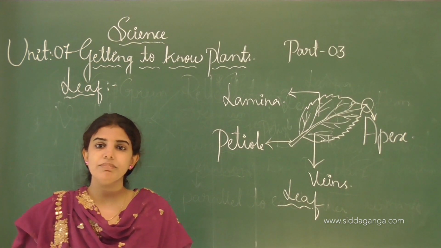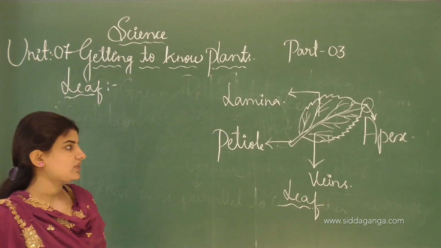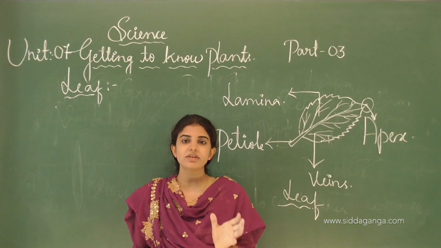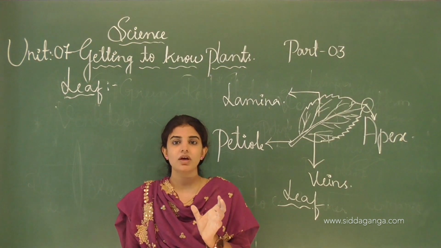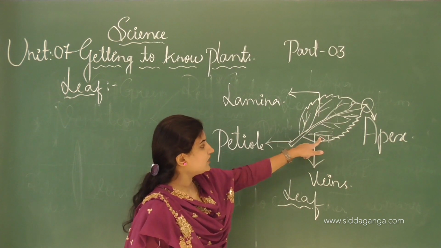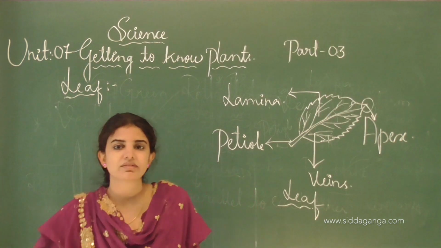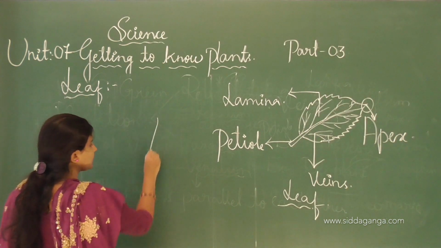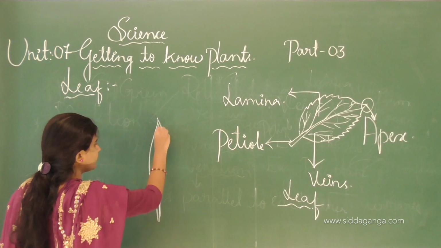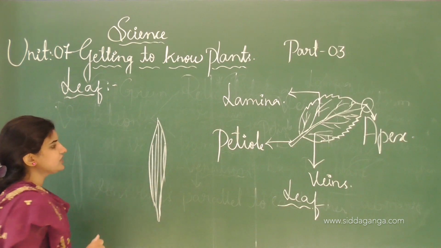Grass is one of the examples of a parallel venation, and the hibiscus plant is an example for the reticulate venation, where you can see the network of veins running across the leaf. This is the grass leaf where you can see the veins arranged parallel to each other.